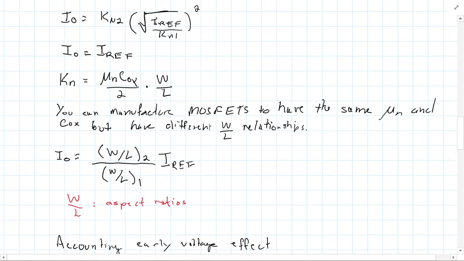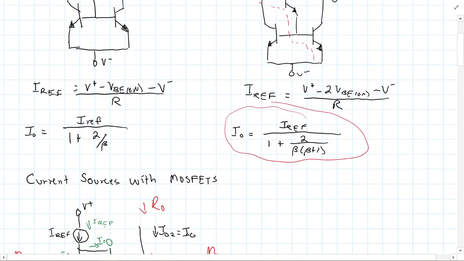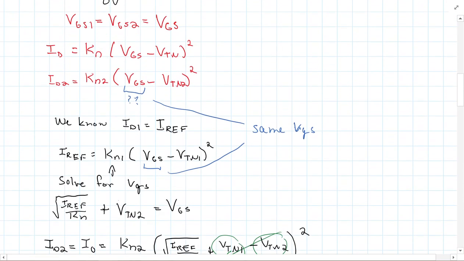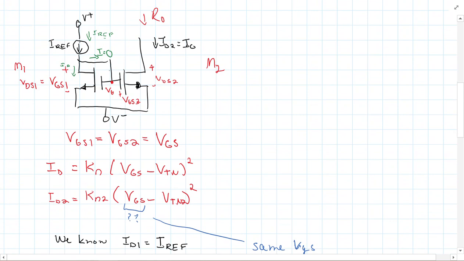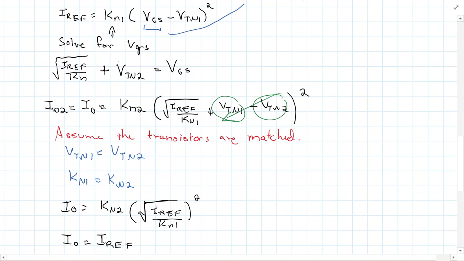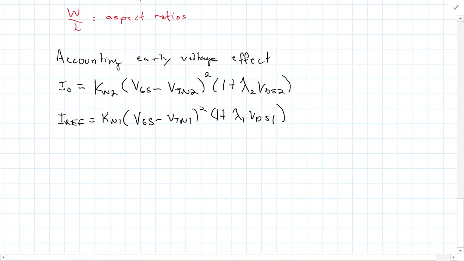But remember, if we go back to this, because of the way we tied this, we have that VDS1 is going to be VGS1. And so these two values are definitely going to be different.